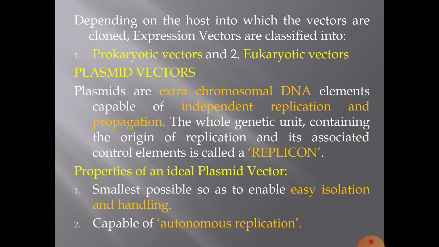Now, after knowing the properties of an ideal vector in general, you should know the properties of a good plasmid vector. Number one, smallest possible so that it is easy for isolation and handling. That's the only reason why you prefer smaller ones. Then they should be capable of autonomous replication. Okay.